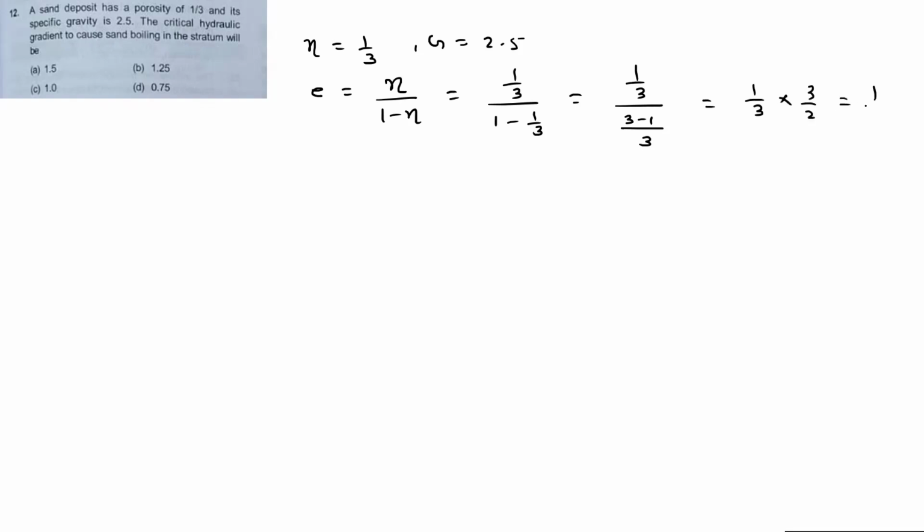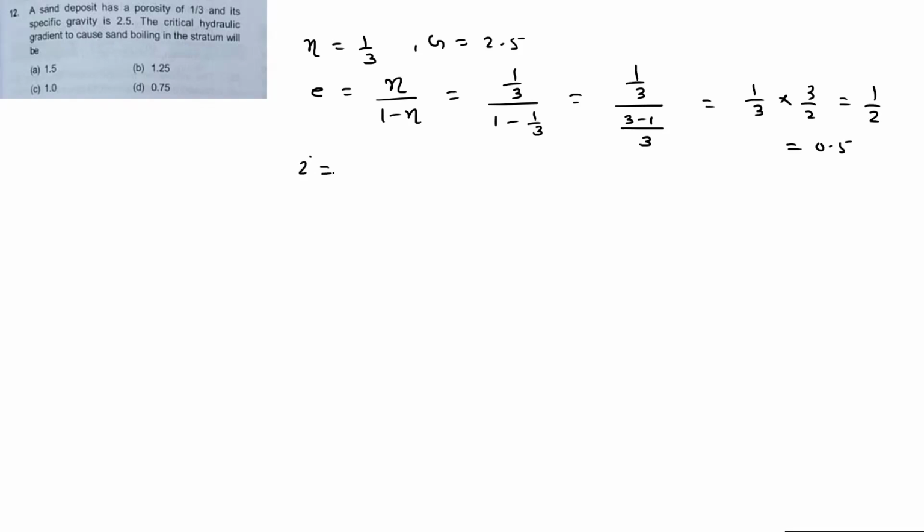So first we will calculate e. e is equal to n divided by 1 minus n, so this is 1 by 3 divided by 1 minus 1 by 3, so 1 by 3 into 3 by 2. This is 1 by 2, this is 0.5. So e is equal to 0.5.